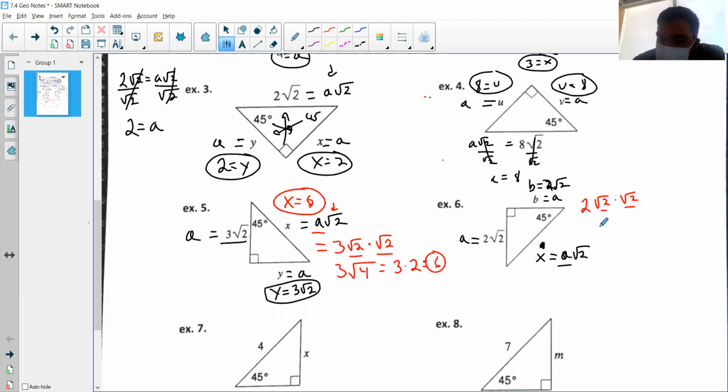Insides of roots can multiply to each other. So 2 root 4. The square root of 4 is 2. So 2 times 2, all overall is going to be 4, which means X equals 4. And I changed it to X because it was originally A, and I don't want us to get confused. Good, Joel.